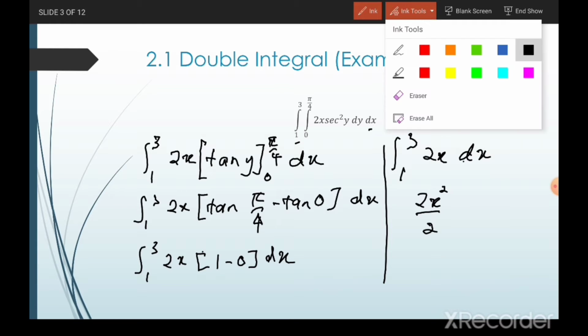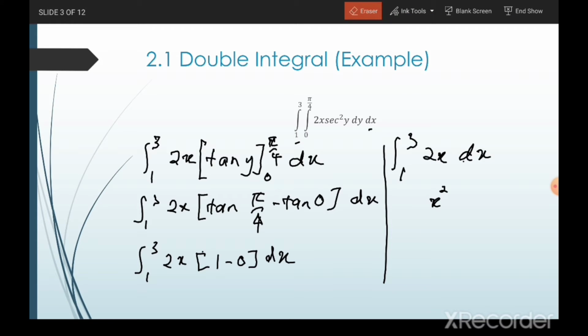Then I can remove the 2 here, and I just leave x squared between the interval 1 and 3. Then we include the interval: 3 to the power of 2 minus 1 to the power of 2. So 9 minus 1, the answer is 8.